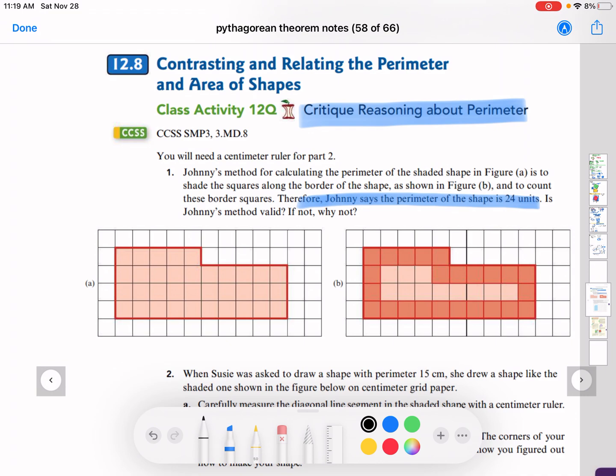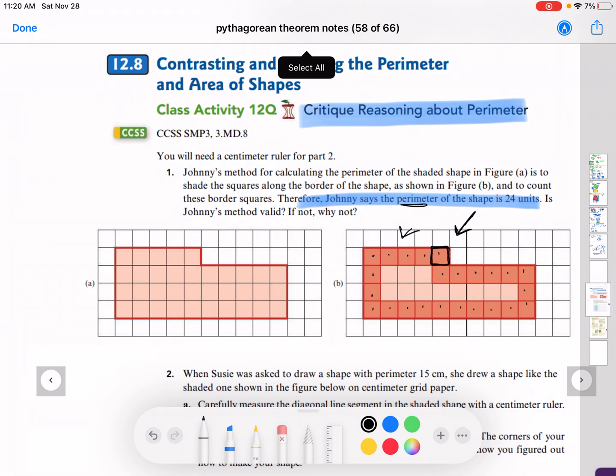So Johnny, in this case, drew this shape over here and counted 1, 2, 3, up to 24. And he said it has a perimeter of 24, which is not correct because a perimeter is a length, and these are square units. What I've shaded in on the right is 24 square units, which is an area. It just happens to be the area around the outside, but that is not a perimeter.